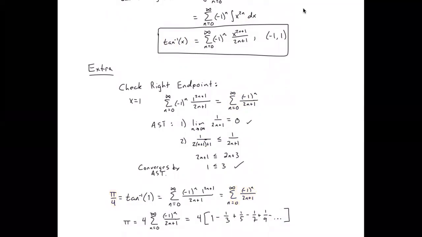And then lastly, if we solve for pi, multiplying by 4 on both sides using this as our equation, pi over 4 equals that series. Then we have pi equals 4 times the series, 1 minus 1/3 plus 1/5 minus 1/7 plus 1/9, and this is actually an approximation of pi.